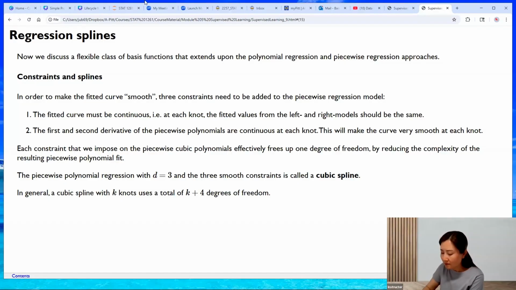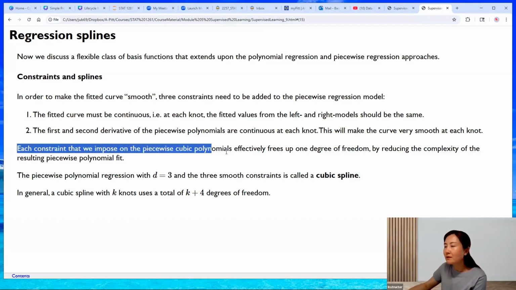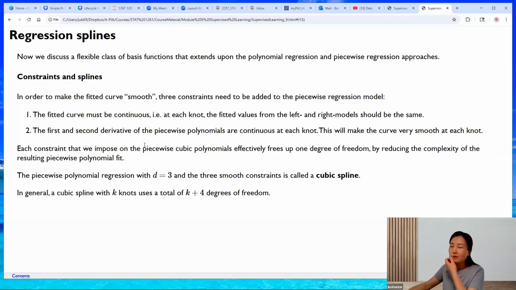Secondly, the first and second derivatives of the piecewise polynomials are continuous at each knot. This will make the curve very smooth at each knot. And each constraint that we impose on the piecewise cubic polynomial effectively frees up 1 degree of freedom by reducing the complexity of the result.